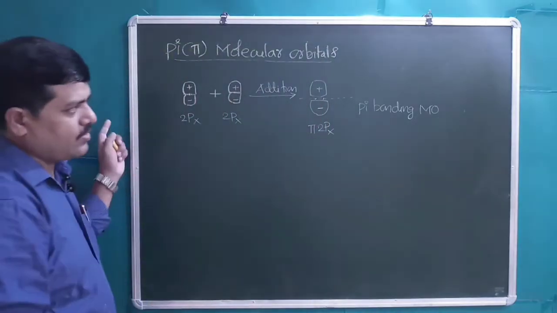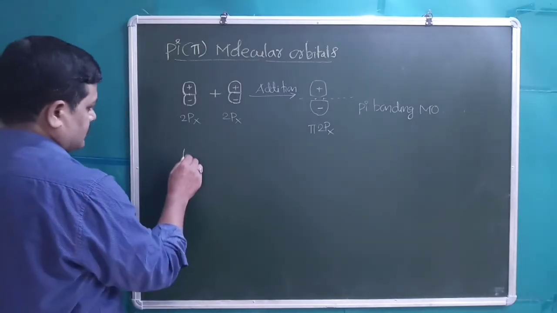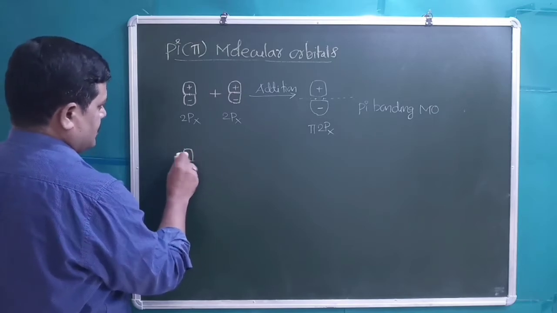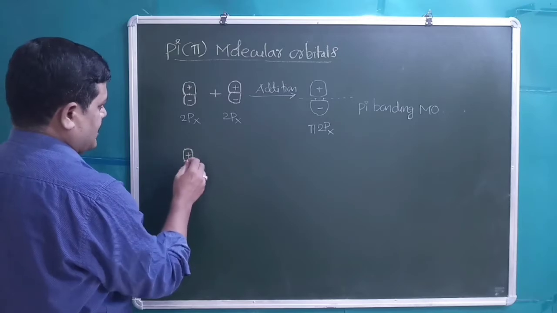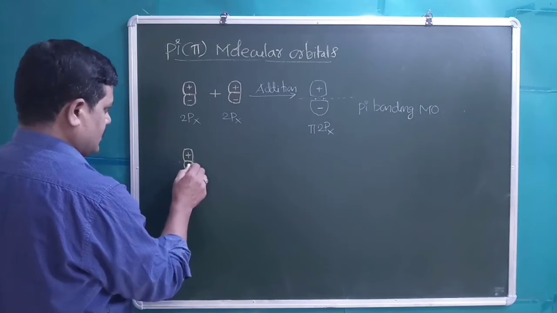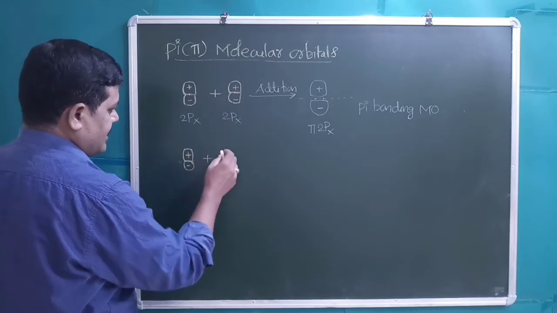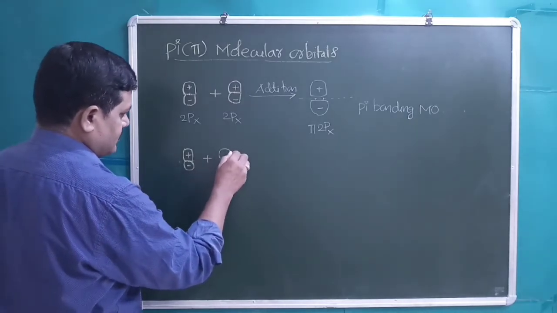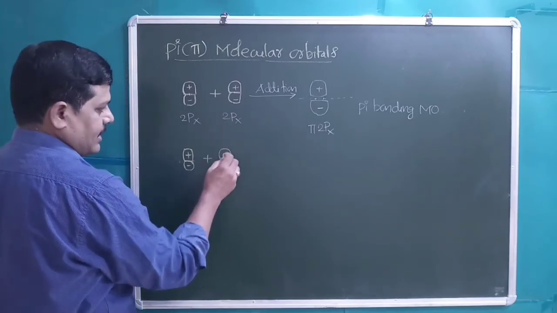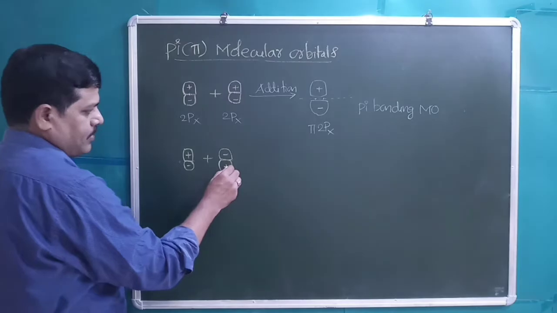Destructive overlapping will give pi anti-bonding molecular orbitals. This is the 2px orbital of one atom. Now for the second 2px orbital, one lobe has a negative sign and the bottom lobe has a positive sign.